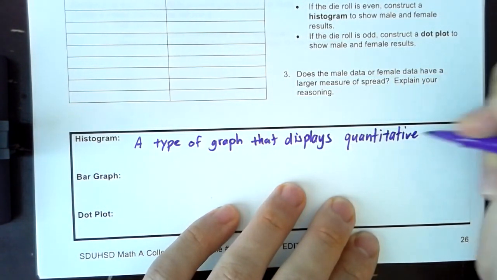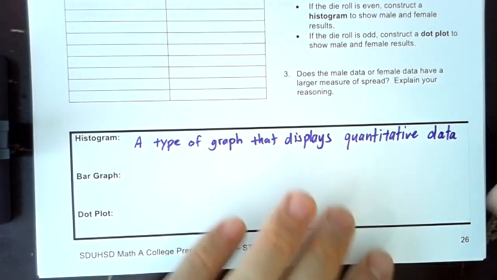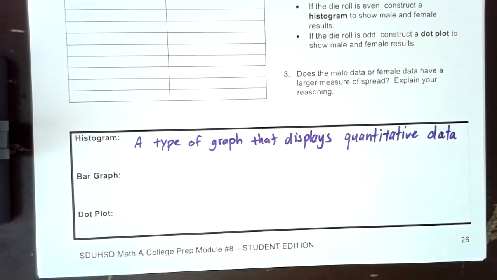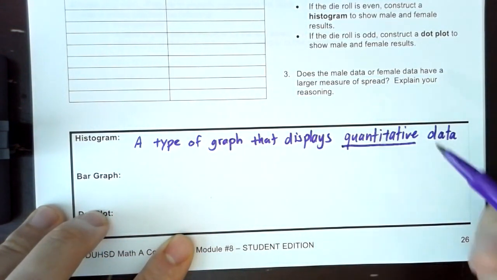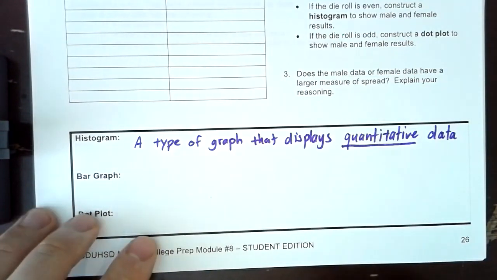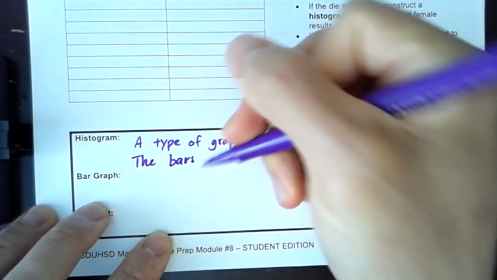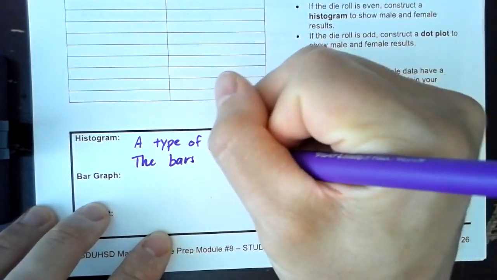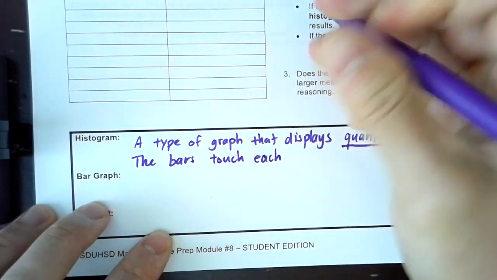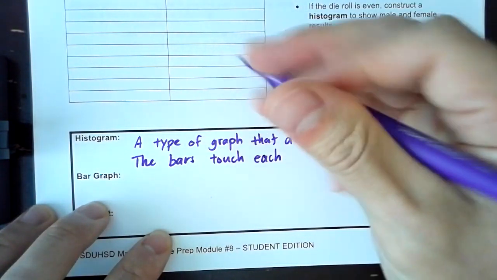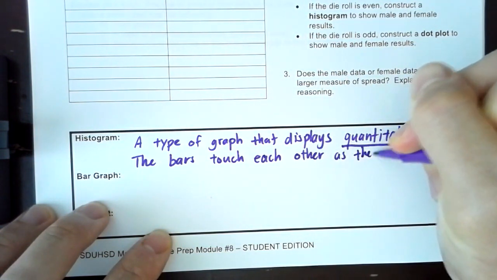Now you might say, is this a bar graph? Yeah, this is a bar graph, but most importantly, it measures the quantity of a certain point. And remember that the bars touch each other because they represent continuous data.